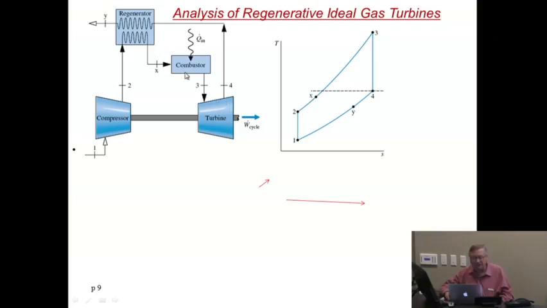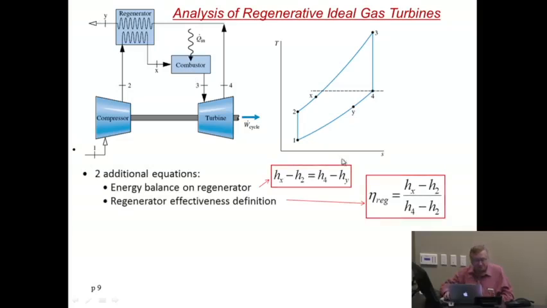So in fact, when you have a turbine like this, you have two unknowns, Tx and Ty. What matters in the analysis is not only the temperature and the enthalpy at x, but also the enthalpy at point y, because that goes into your equations. So we have two equations.